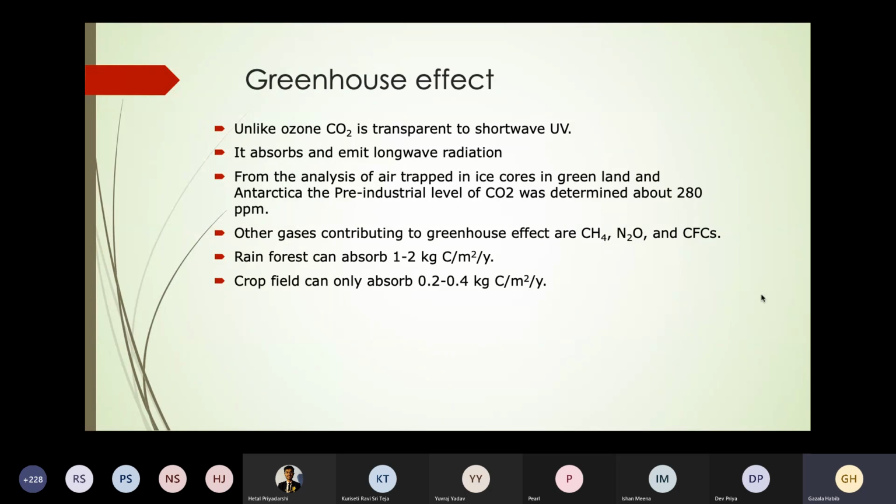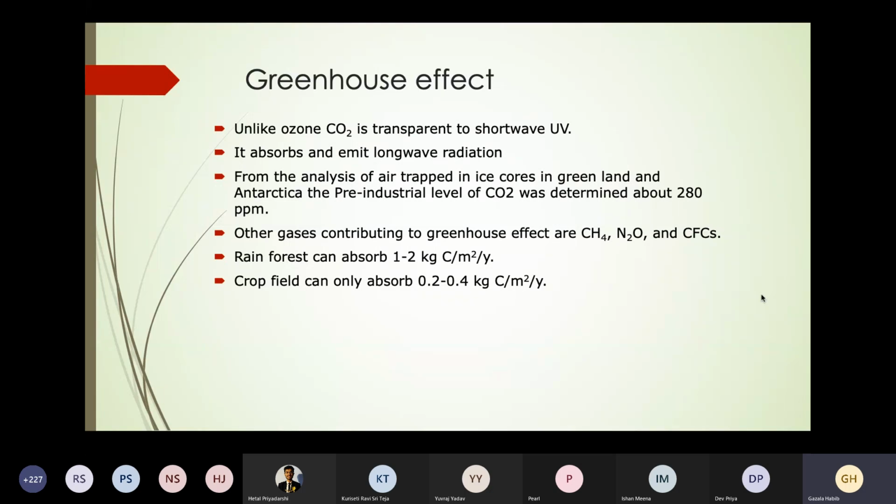Rainforest can absorb 1 to 2 kg carbon per meter square per year. So the only sink of CO2 basically is absorption of CO2 by forest, or by sea and ocean, and sometimes concrete structures also absorb CO2.